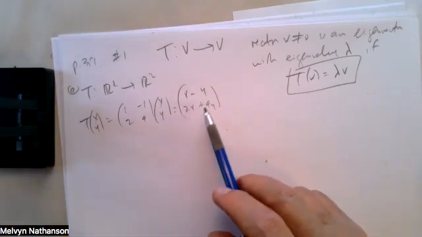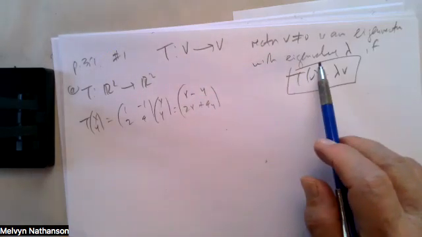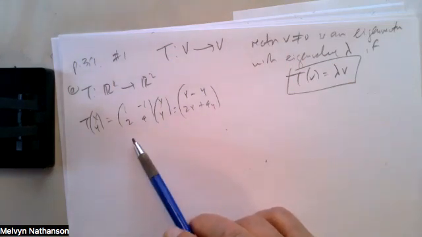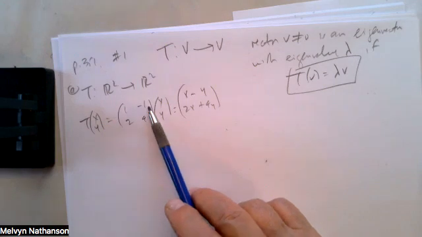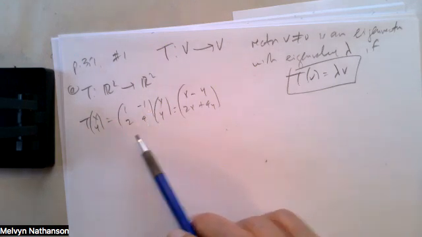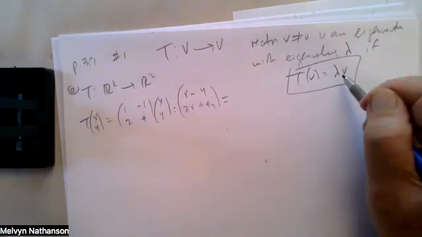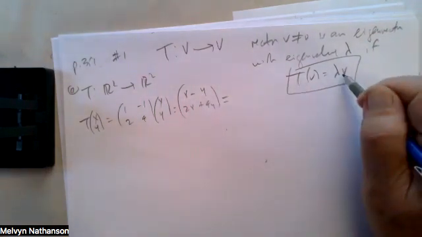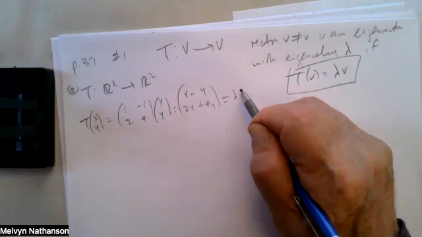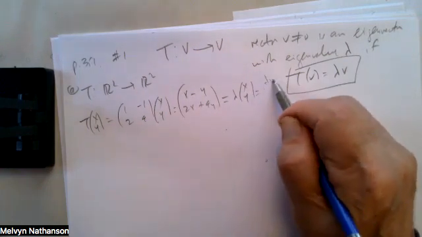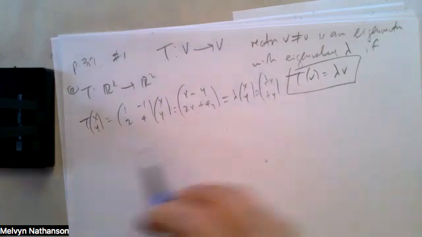And we want to find an eigenvector, right? So this is the linear operator defined by the matrix 1, -1, 2, 4. And we want to know for what vectors x, y, not both 0, is there a lambda, a scalar, such that this is lambda times xy, which is lambda x, lambda y.